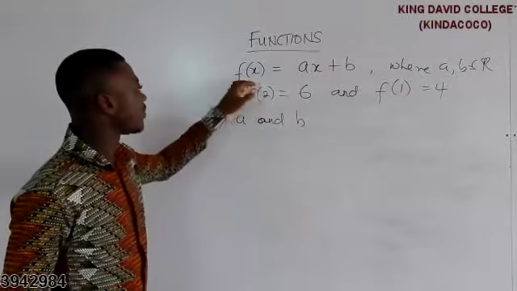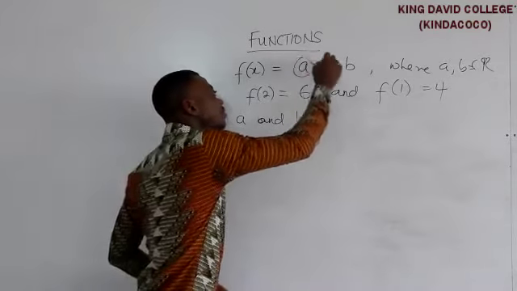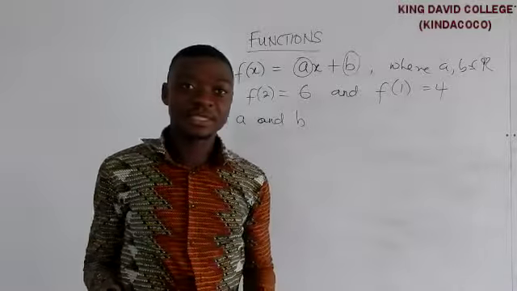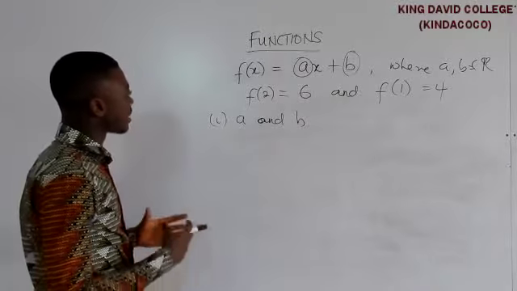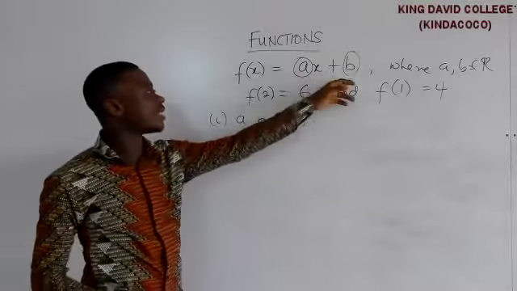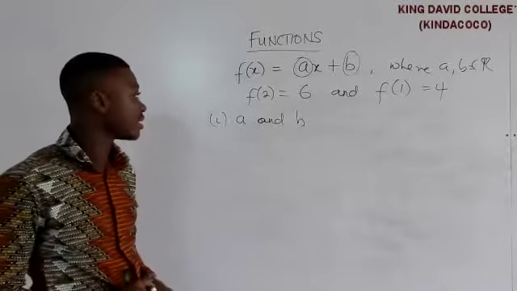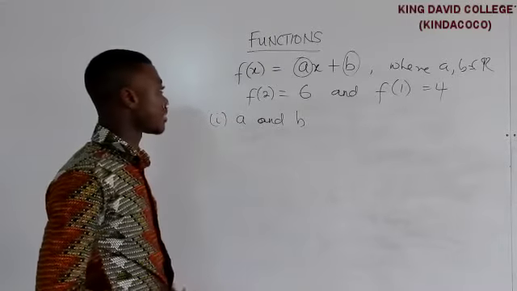The function is defined, but it has some variables within it, making the function not fully complete. So what they are asking us to do is to find those values, so that at the end of the day we get a real expression of the function. That is the exact task we are given.